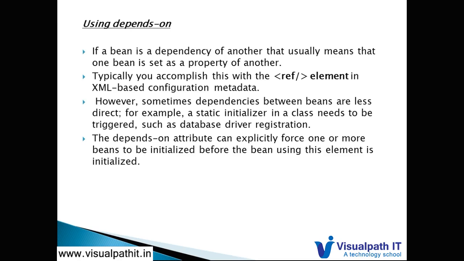Sometimes the dependency between the beans is less straightforward. In such scenarios, we need to use the depends-on attribute, which can explicitly force one or more beans to be initialized before the bean using this element is initialized.